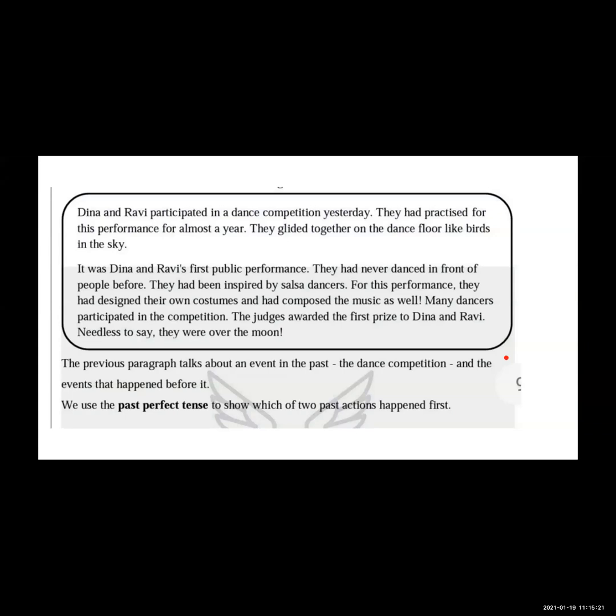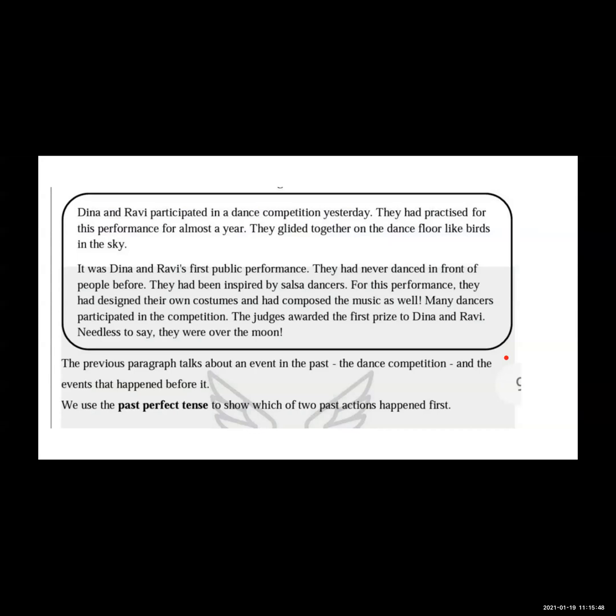Here there is a paragraph. You have to read it, and I will also read it. Deena and Ravi participated in a dance competition yesterday. They had practiced for this performance for almost a year.